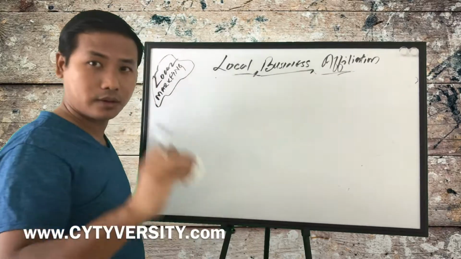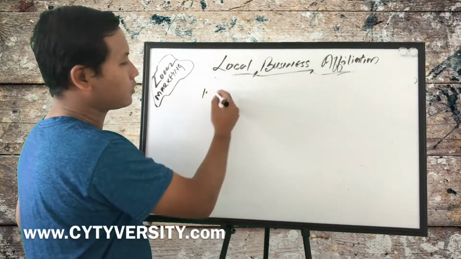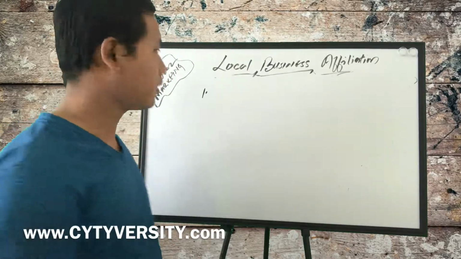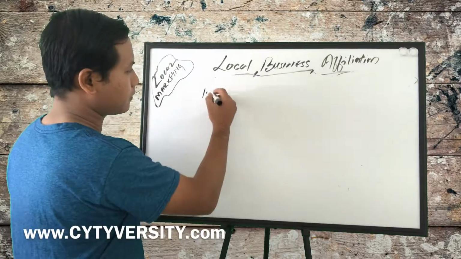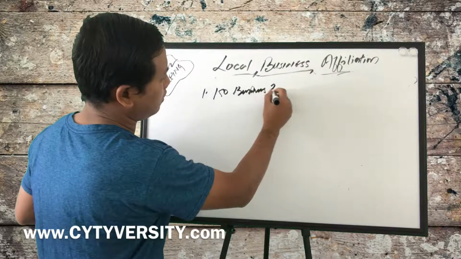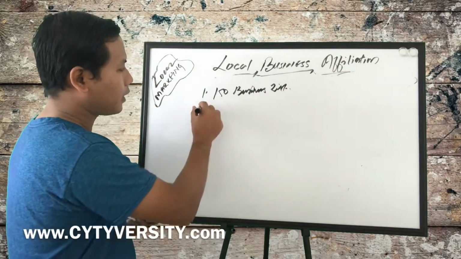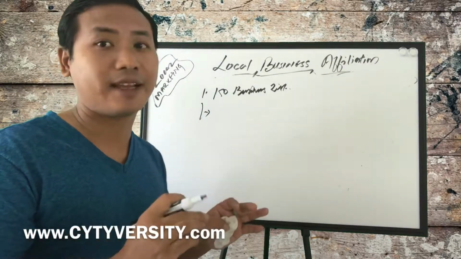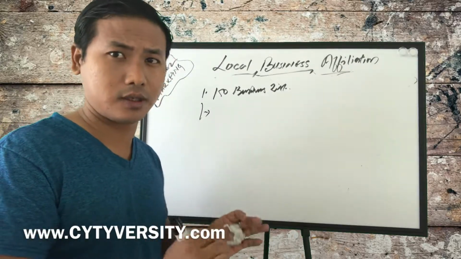So let's get back to what we were talking about. First, you want to focus on what businesses you are looking for. List down at least 150 businesses from your local market, and write it in an Excel sheet, not in your mind, not in any notepad, but have your own Excel sheet.